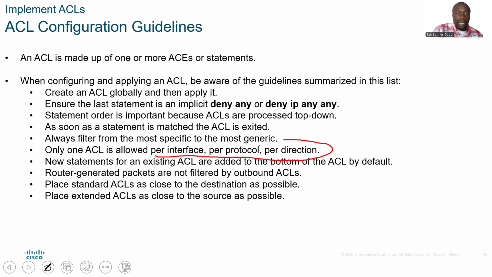Very important: per interface, per protocol, per direction. New statements for an existing access list are added to the bottom of the access list by default. Router generated packets are not filtered by outbound access lists.